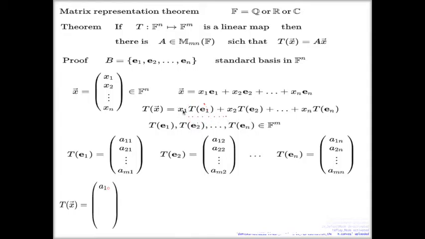The first component will be x1 times the first component here, then x2 times the first component here, all of the same strategy, then xn times the first component here. That's the first one, you see.